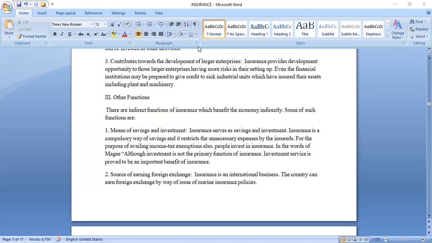So practically that boosts international trade because businessmen and businesswomen, companies will be able to do international trade without any fears or uncertainty. So it promotes international trade, which in turn will be a source of foreign exchange to economies.